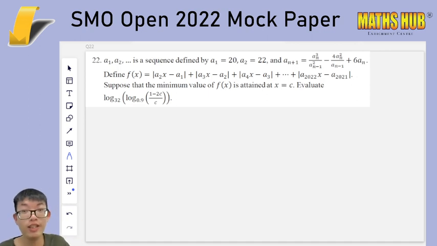You have to find out something about the sequence first, so let's start with that. Now, with all of this here and the bunch of fractions, one thing you might be inclined to do, and at least the thing which I hoped you would do, is to divide by an so that it will be a bit nicer.